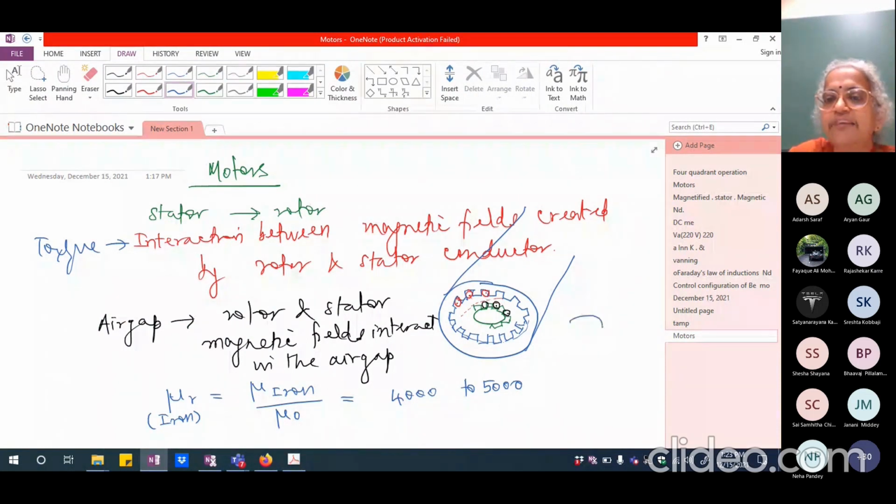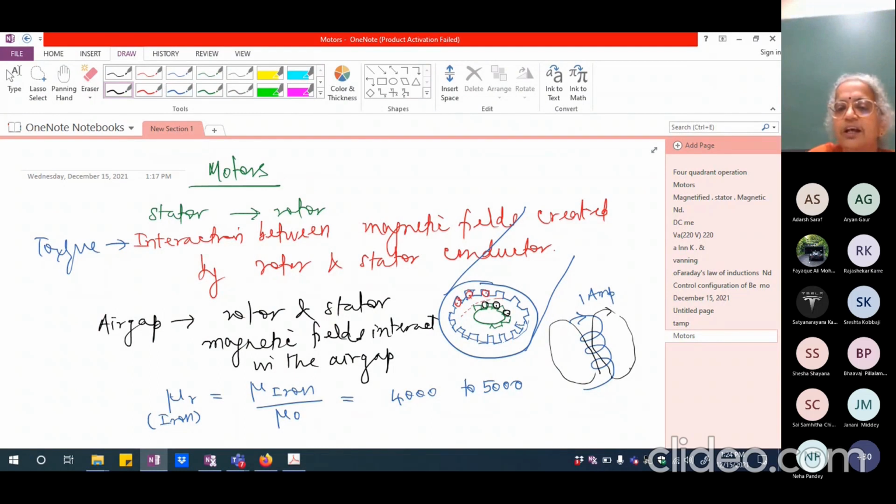then in that case, what I mean is, I just have a conductor like this and I am passing 1 ampere of current. And I try to observe how many magnetic field lines are produced. So I may have a magnetic field line going like this and going like this.